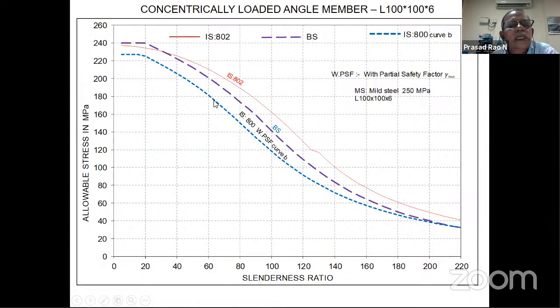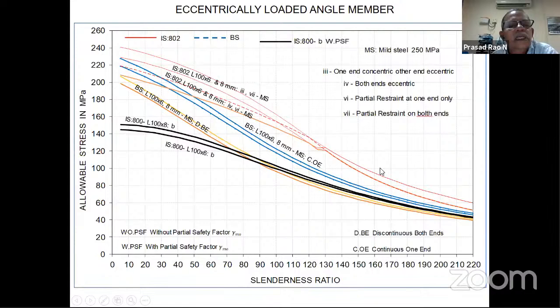In the elastic range, all are the same. In the inelastic range, mostly these members in the tower fall below 120, so it is not being allowed. They are using IS 802 only. If you see the non-dimensional curve, you can see around a 30% gap, taking IS 802 as 1.